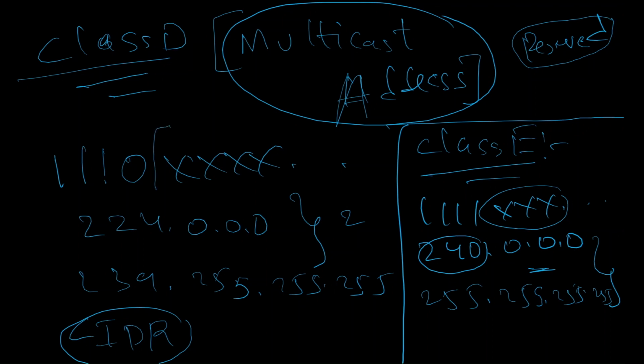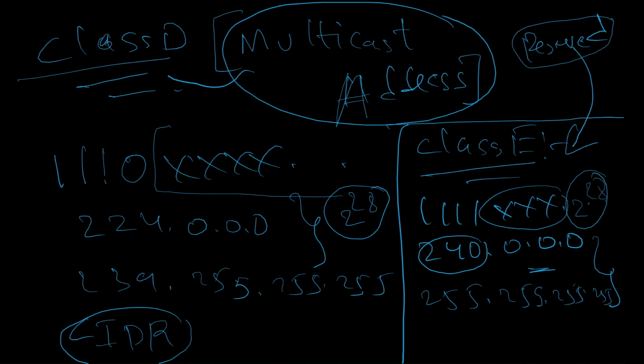As 4 bits are reserved, we have 2 power 28 IPs available in class D, and similarly 2 power 28 IPs available in class E also. So class E is reserved and class D is multicast. And that's it about these classes.